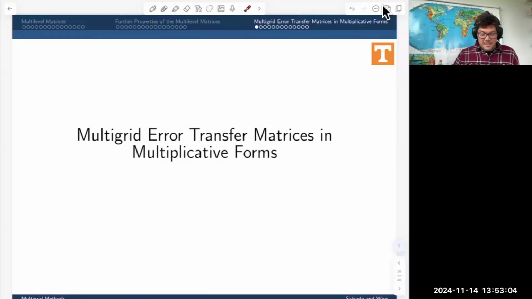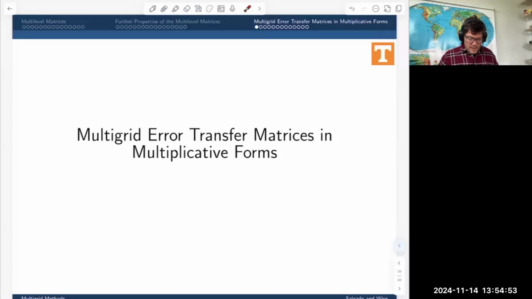So all of this tedious business is out of the way, and now we're going to use that in order to effectively rewrite the error transfer matrix for the V cycle and the W cycle, etc. Okay, so let's dive into this next section, multigrid error transfer matrices and multiplicative forms.